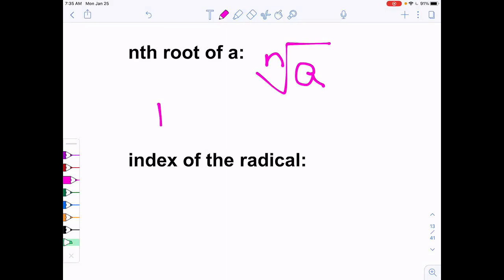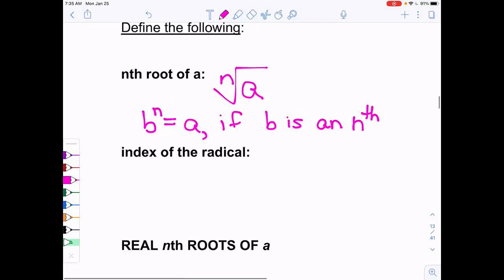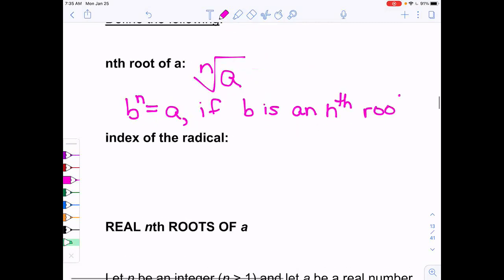There is a formal definition that says b to the n equals a if b is an nth root of a. So that's what a formal definition would be.